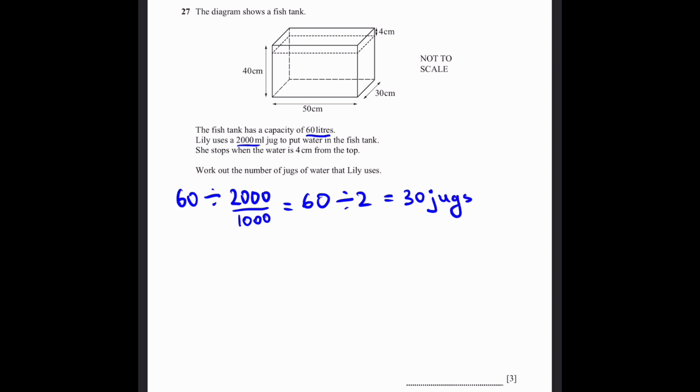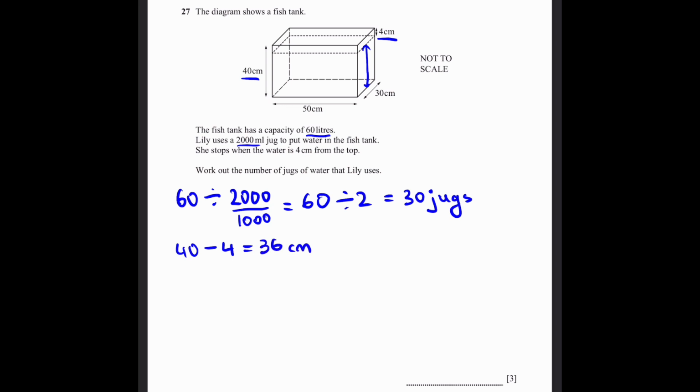Now the total height is 40, and the height remaining after filling it is 4 centimeters. We need to fill up this much of the total tank. So that is 40 minus 4 equals 36 centimeters.